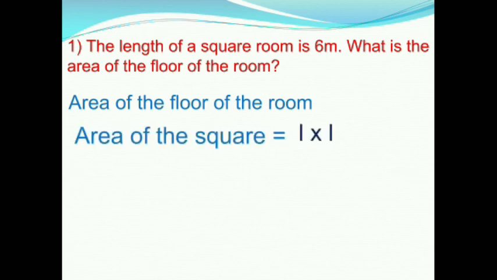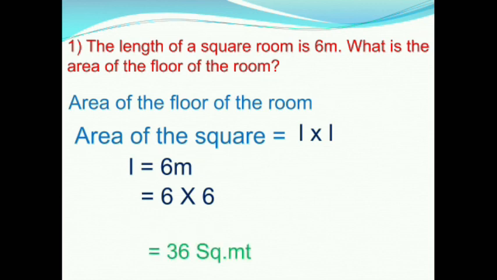Yes, L into L. L means length. What is the length of this square room? Yes, length is equal to 6 meter. Now we should multiply 6 by 6. 6 6s are 36. Therefore, area of the floor of the room is 36 square meters.